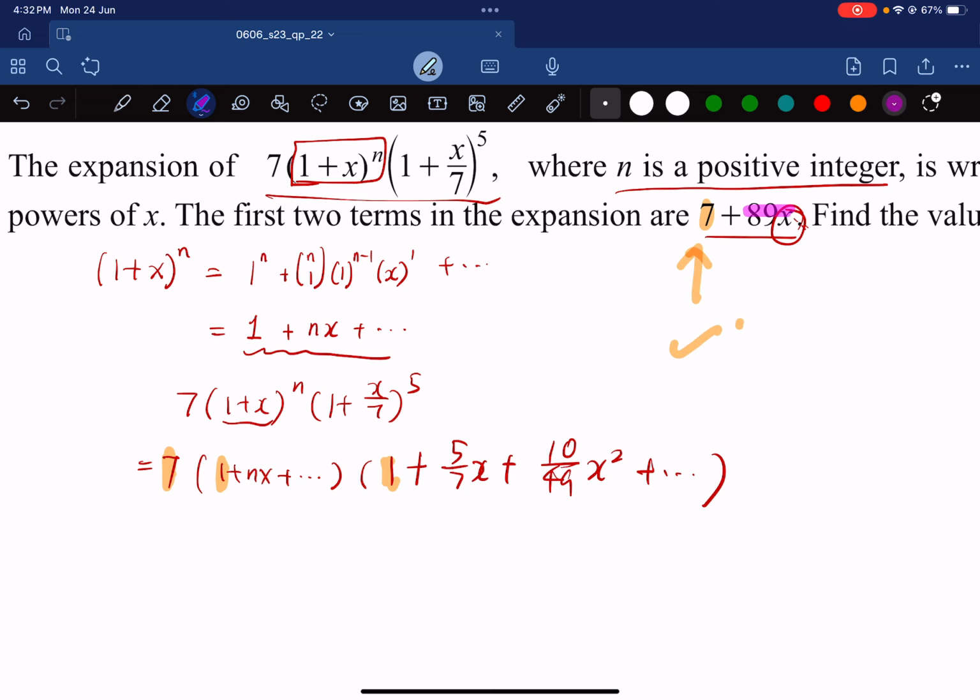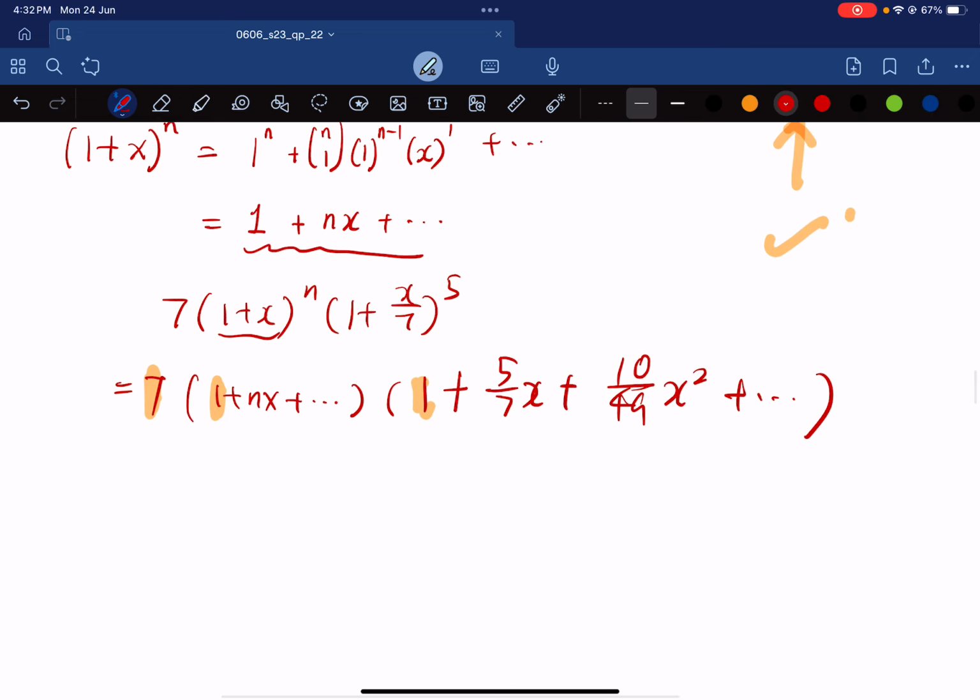In order to get the x term, how many ways of doing this? This is the first way, 7 times 1 times the x term here. And the second way is 7 times nx times 1 here.